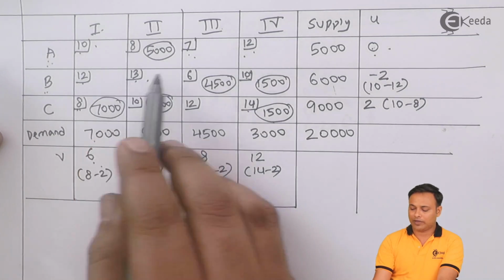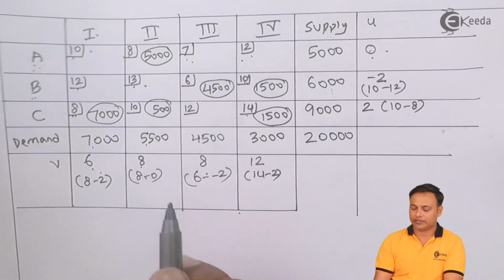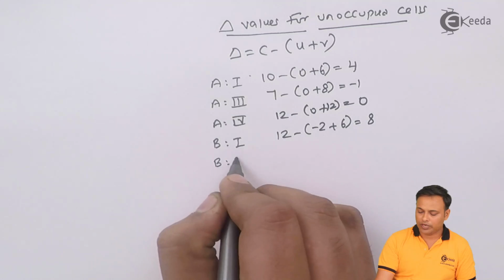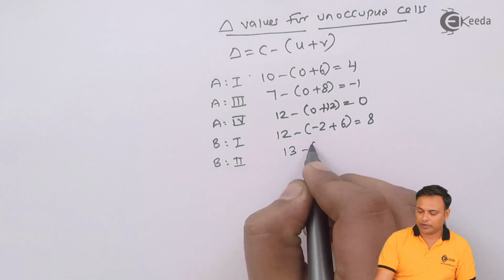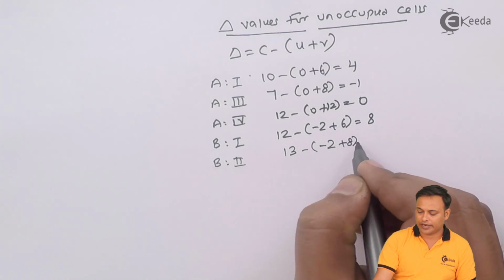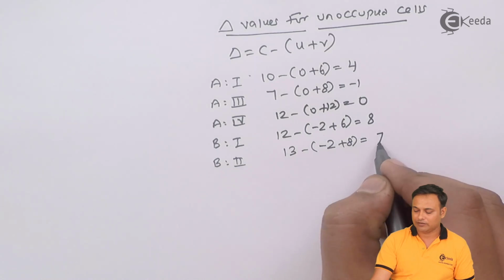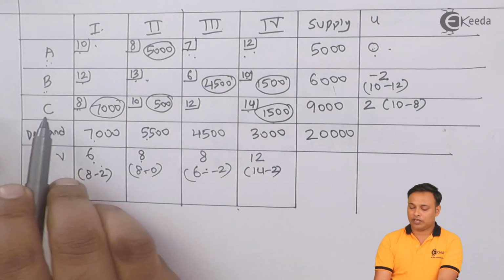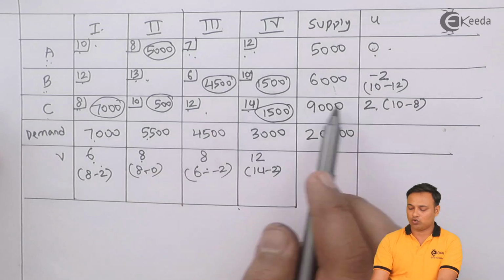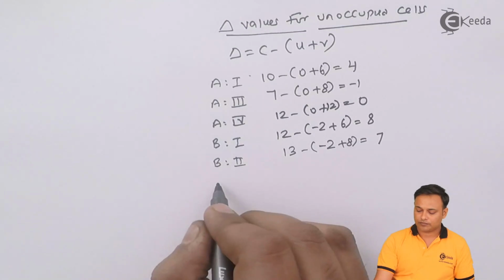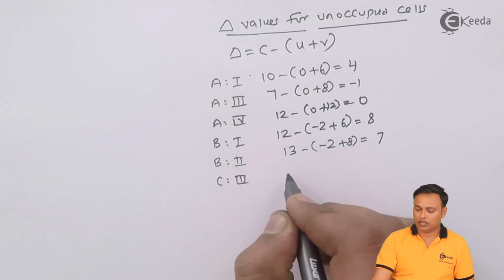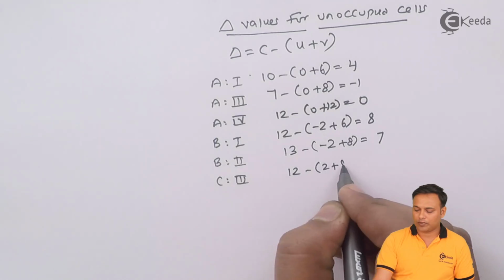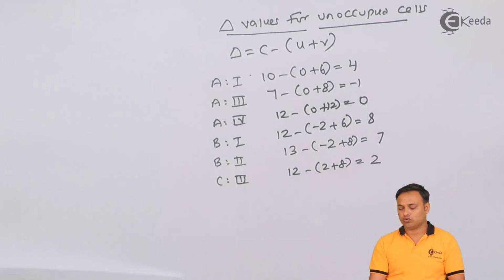B2, 13 minus minus 2 plus 8, which comes to 7. C3, 12 minus 2 plus 8, which comes to 2.